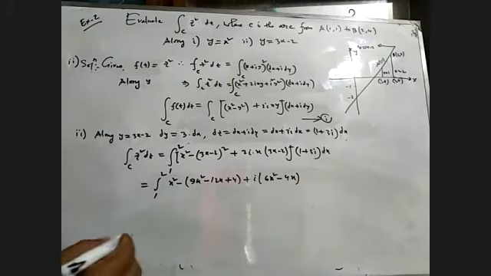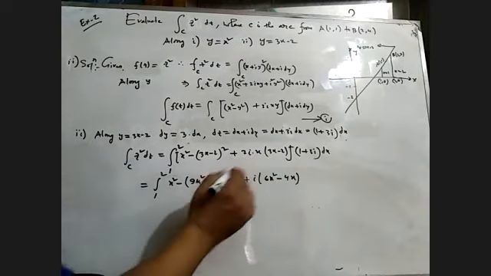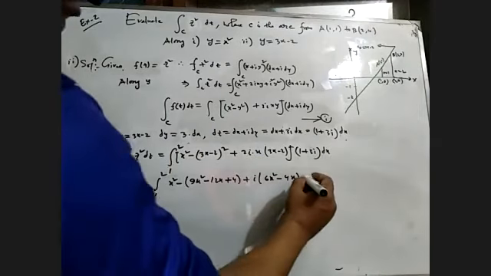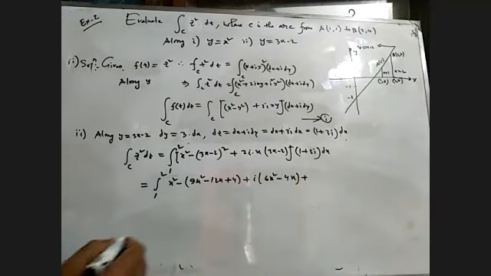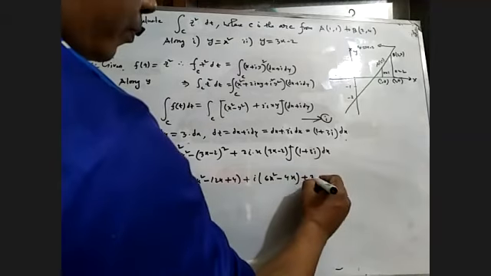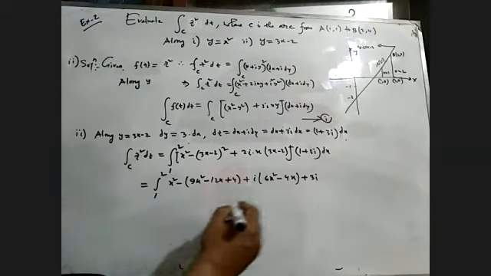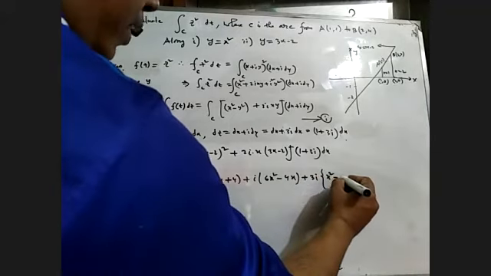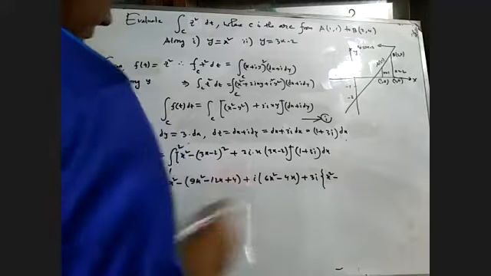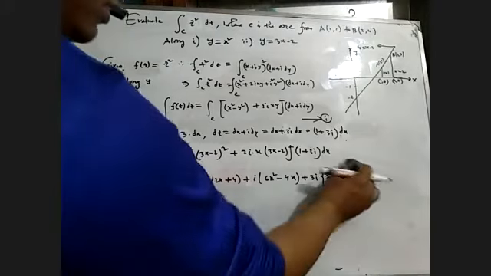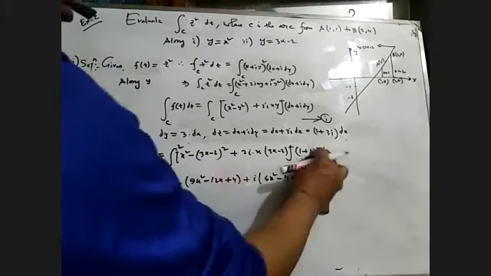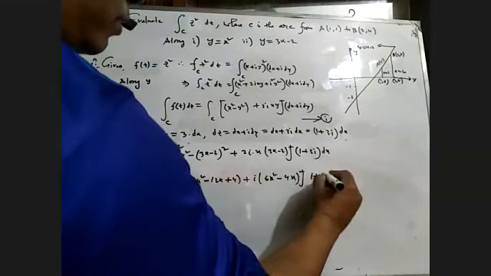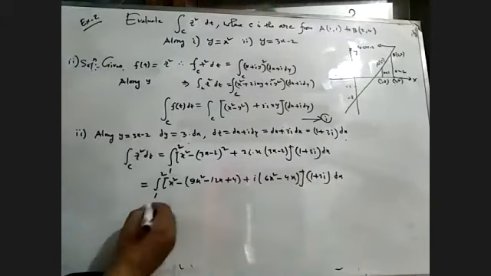Okay, so 1 into this whole, this again multiplied with thrice i into this, plus thrice i, x square minus this bracket, 1 plus thrice i into dx.